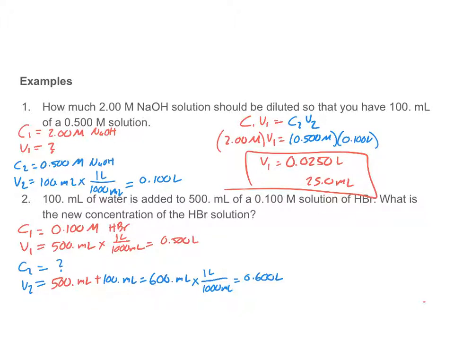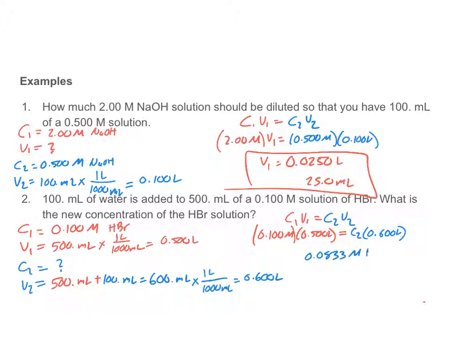Then I'm going to set up my formula, which is C1V1 equals C2V2. I'm going to take the 0.100 molar HBr times the 0.500 liters, which will give me my new concentration at 0.600 liters.